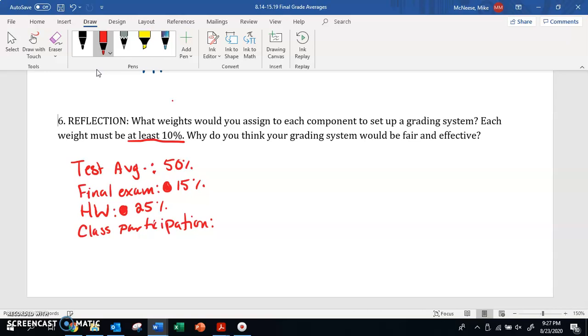I think this is important, but not as helpful in terms of assessing one's knowledge on the actual material as, say, these top three. And so what I would say is the last remaining 10% goes towards class participation. So you can make many systems that you want. It's just dependent upon, the only rule they give you is that at least 10%. So you can make it however you think see fit.